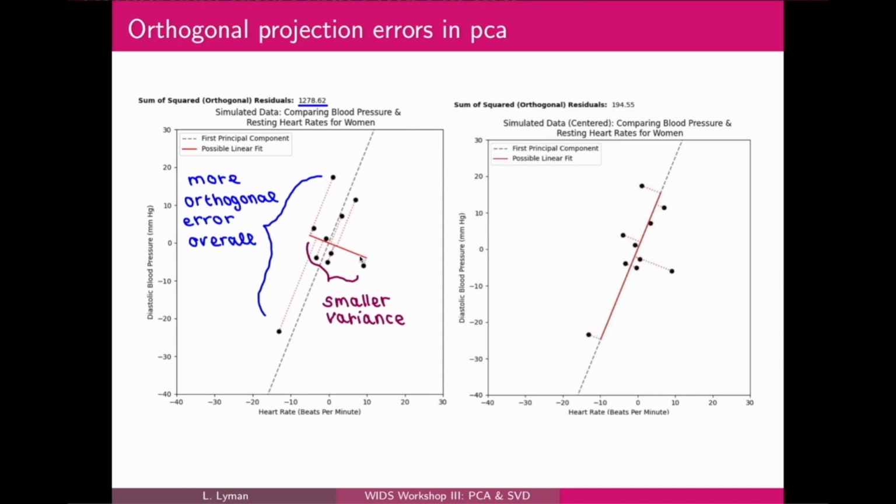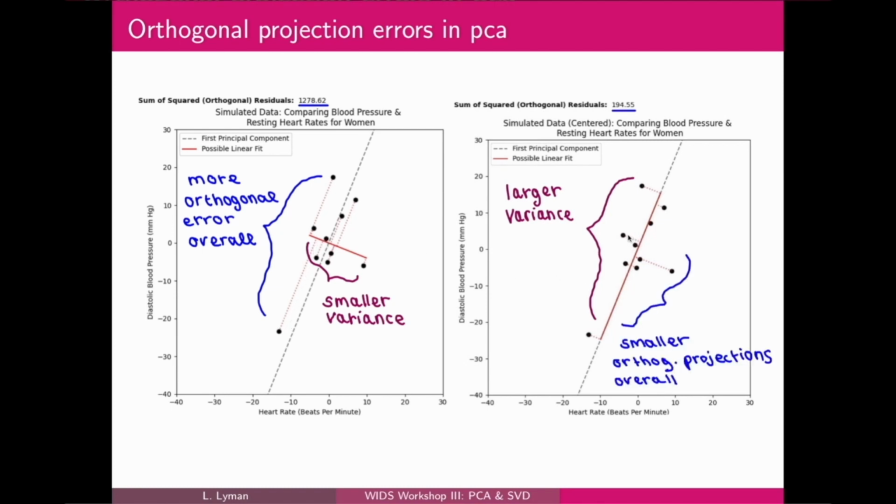The direction of the proposed linear fit is rotated, and the red segment shows the spread of the projections in the linear model. Pay attention to the length of this red segment. Namely, it contracts, representing that there's less variance, precisely when the orthogonal projections are larger, and when the orthogonal projections are smaller or minimized, the variance or spread actually grows.